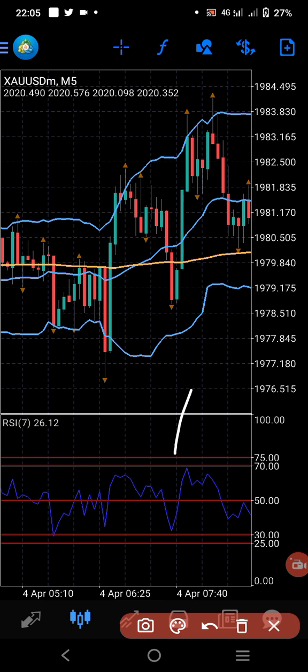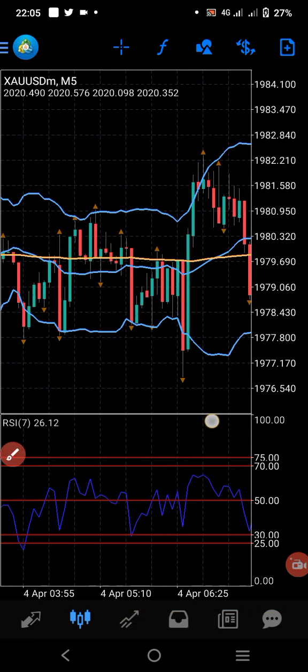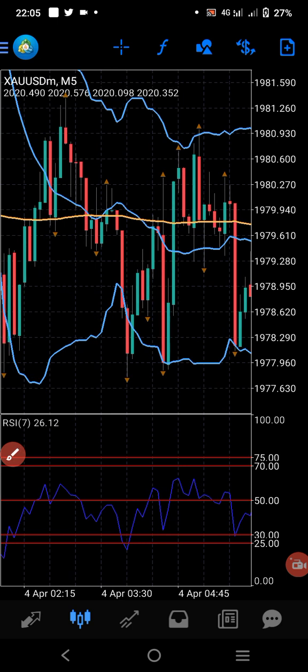If we sold this market at this point when the candlestick closes inside the Bollinger Band, put our stop loss somewhere here above our previous move. So if we sold the market at this point, put our stop loss here.